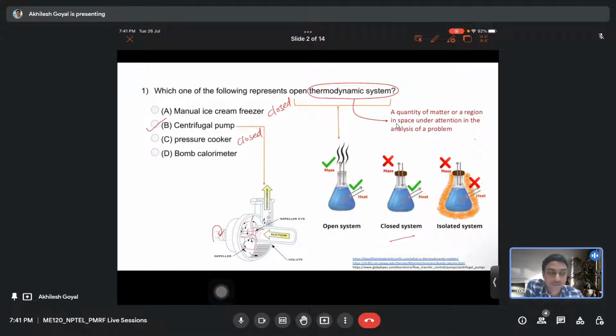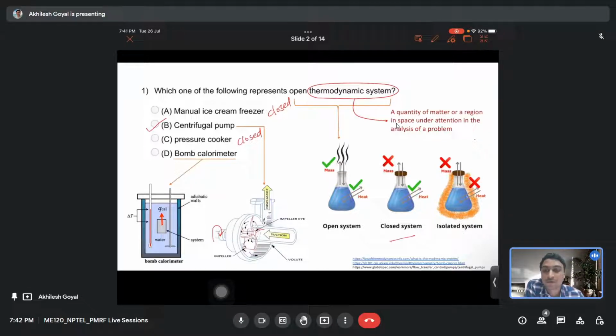Now the last option is the bomb calorimeter. So what is a bomb calorimeter? Here in the figure you can see a schematic diagram of a bomb calorimeter. A bomb calorimeter is a device that is used to measure the calorific value of a fuel or any fluid that can burn itself.